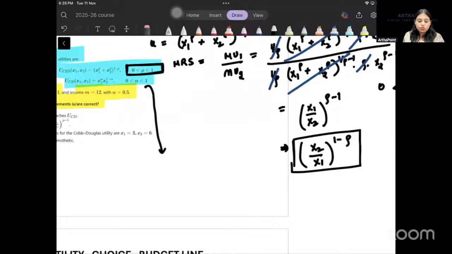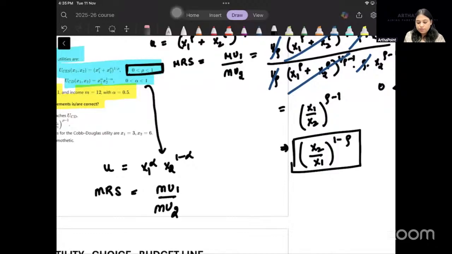If I ask you, your utility function is x1^alpha x2^(1 - alpha), and I ask you what the MRS is, it will be MU1 by MU2. So if I find the MRS, what will we get? Alpha x1^(alpha - 1) x2^(1 - alpha), divided by (1 - alpha) x1^alpha x2^(1 - alpha - 1).